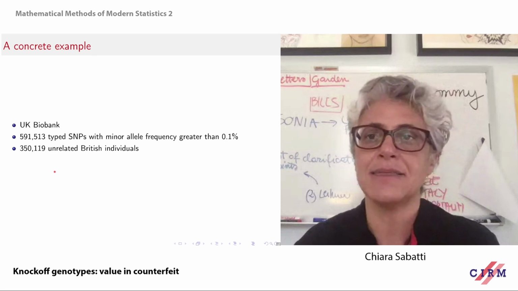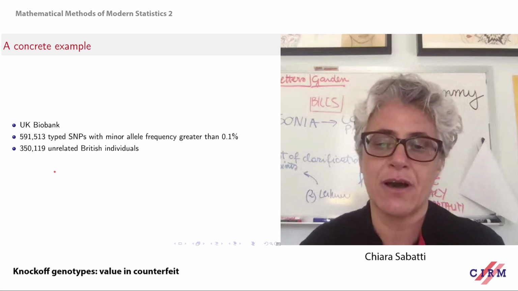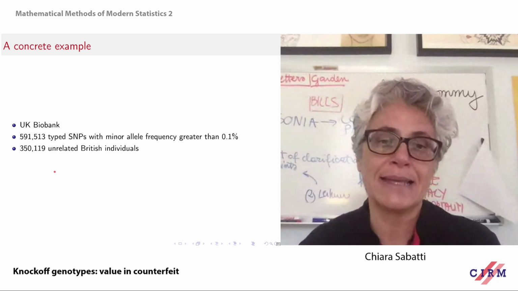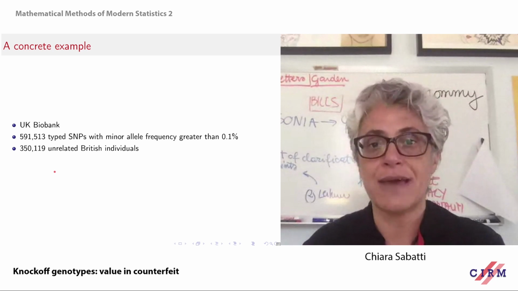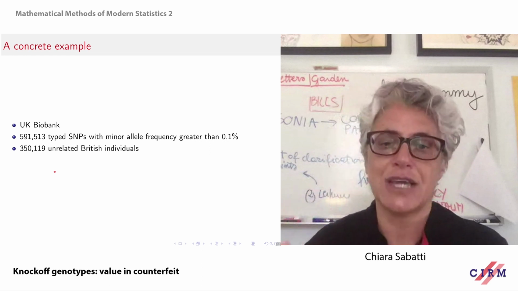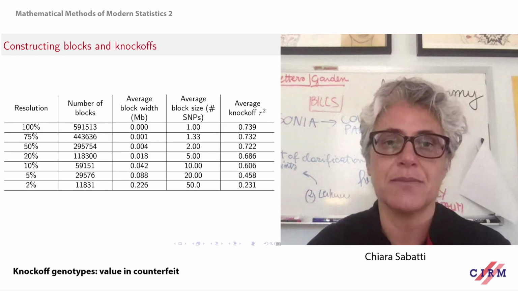I have to say that the current version of this algorithm can deal both with family relationships and individuals of different ethnic backgrounds, but I don't have results in good shape yet to share with all of you.